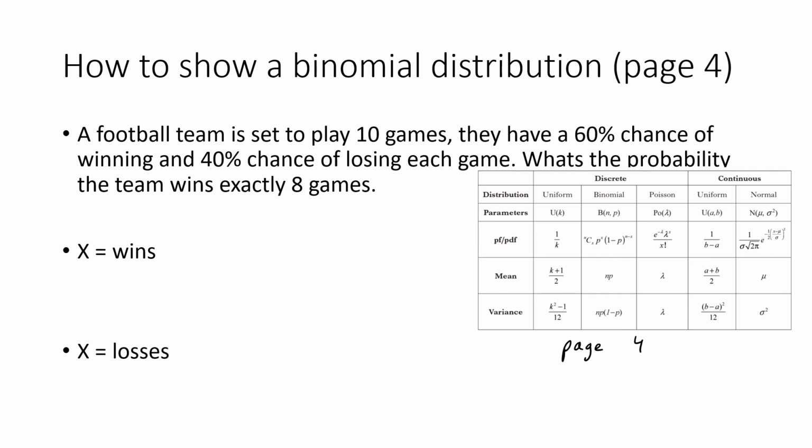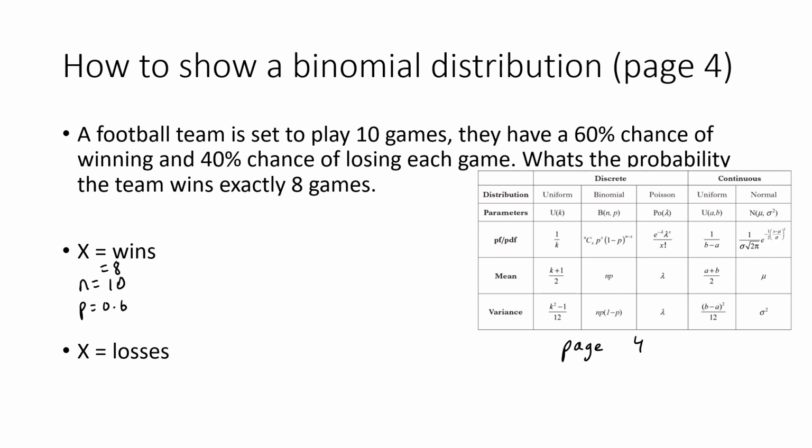If we say X is a win, we want 8 wins, so X equals 8. N is the number of trials, so N is equal to 10. P is the chance of success for X, so the chance of succeeding is 0.6. And that's all we need.